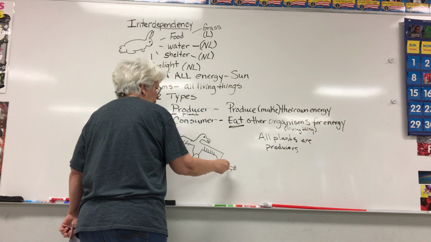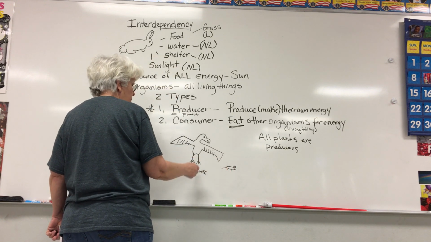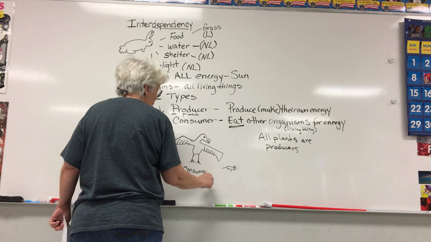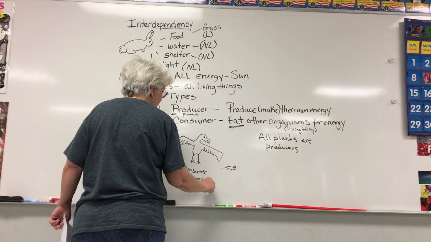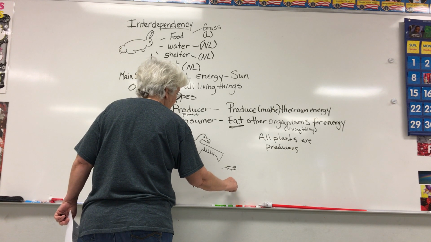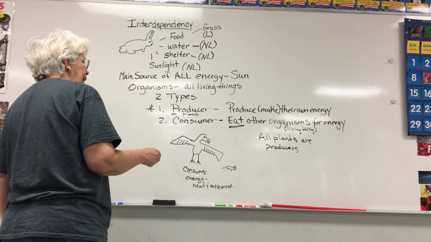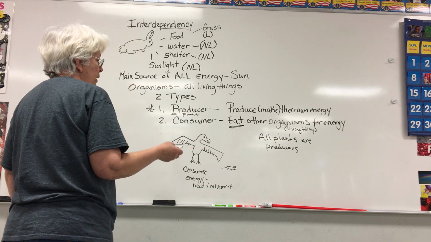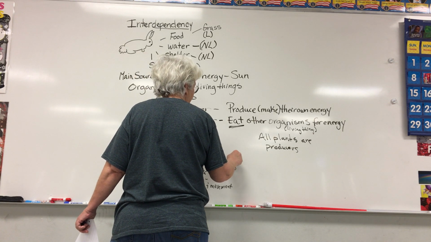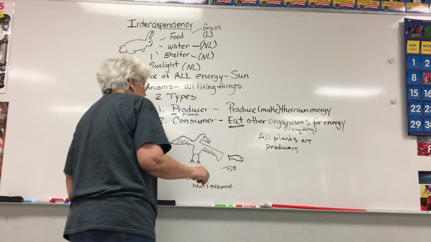He's eating another living thing, and he's using that to produce what? Energy for heat and movement. Okay, so there you have the eagle eating either a mouse or, say, a fish. He can eat a fish, but he's still a consumer.